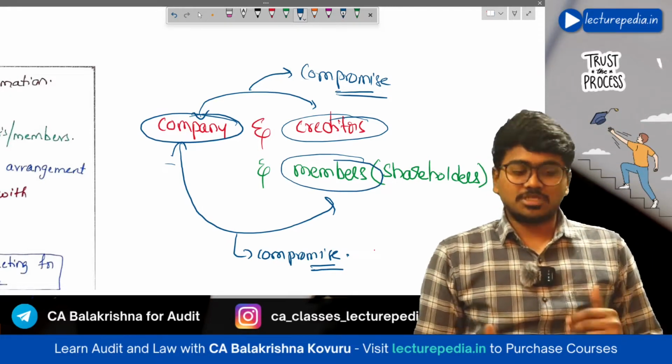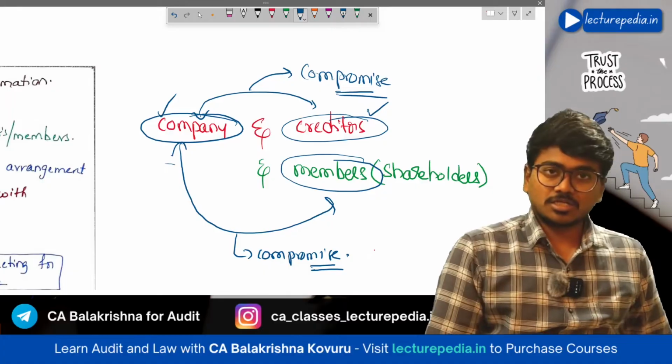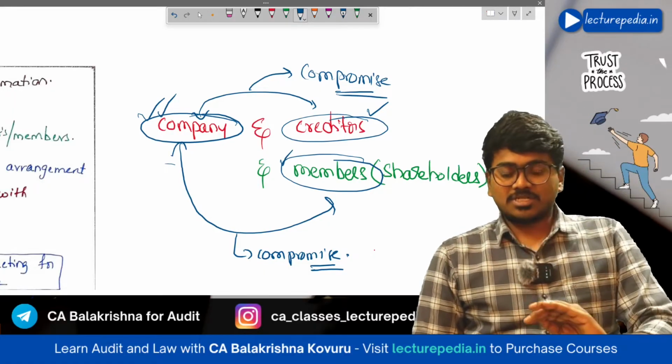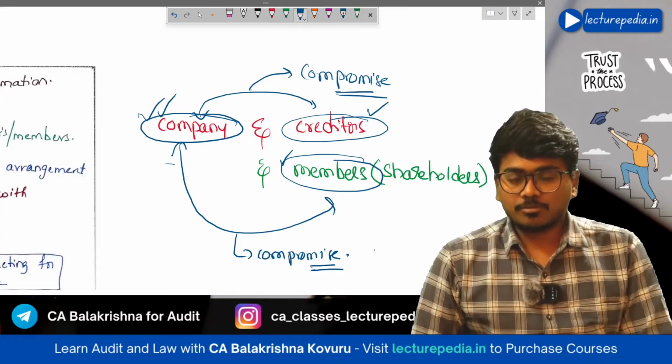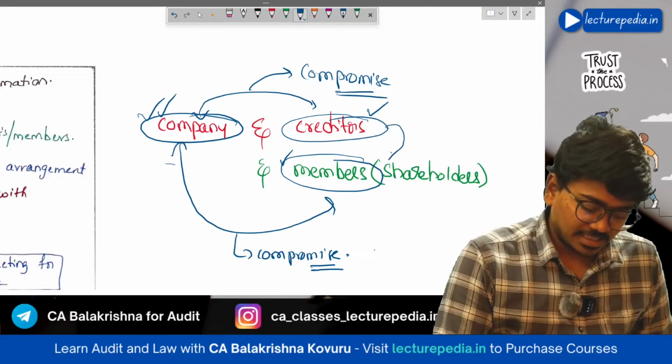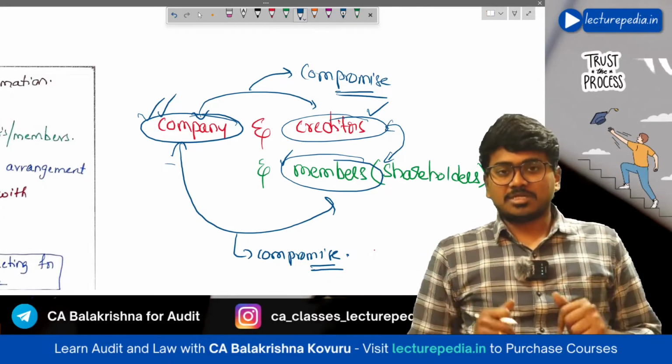The dispute can be between company and creditors or company and members. In those situations, for making a compromise, you can apply this chapter. If there is a dispute between creditors and members, then this chapter is not applicable.